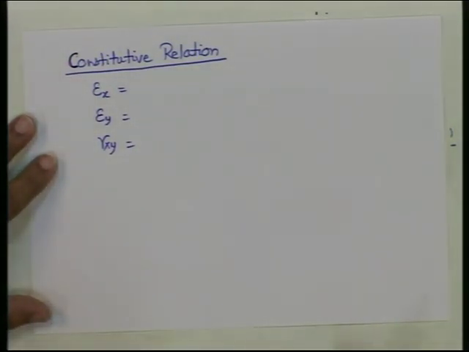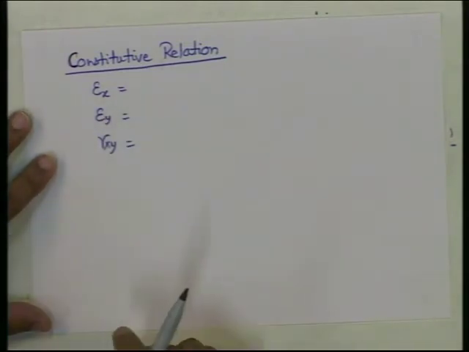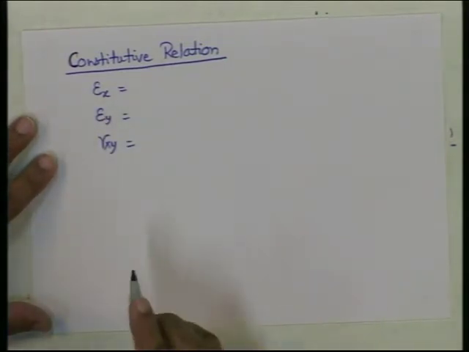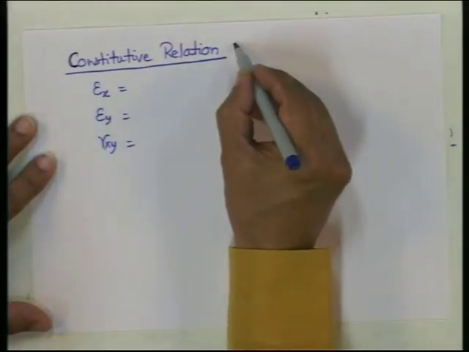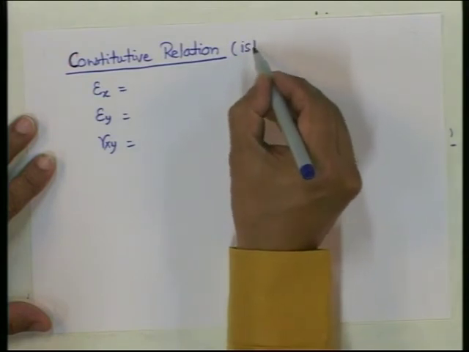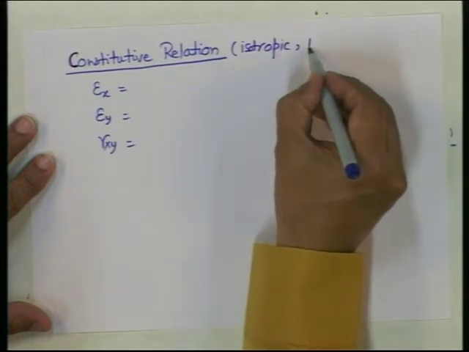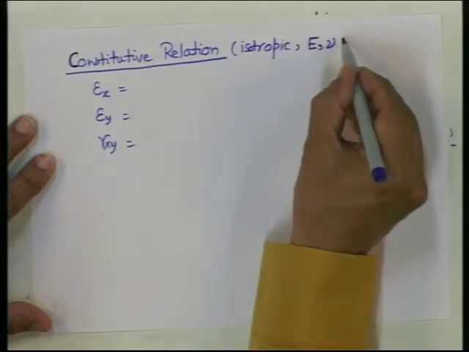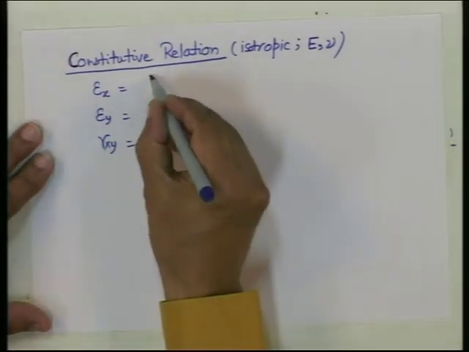If sigma x, sigma y, what are the other stresses that exist? Tau xy also exists, and sigma z also exists in plane stress, but these are the strains. If the material is homogeneous isotropic, at any point it is isotropic, so you have only E and nu, only two, but this can be written for any type of material, that you must keep in mind.